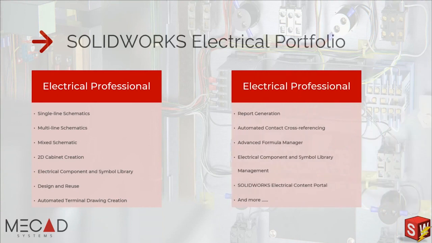You'll see these are just some of the tools or functions within Electrical Professional. As you can see, they range anywhere between single line schematics, which is your standard and part of your Electrical Schematic Professional package, and it goes all the way through to your 3D electrical components as well.